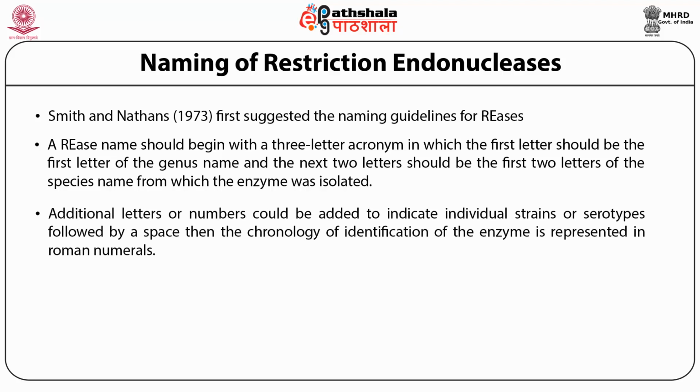Additional letters or numbers could be added to indicate individual strains or serotypes, followed by a space. Then the chronology of identification of the enzyme is represented in Roman numerals. The first three letters of the name should always be italicized.